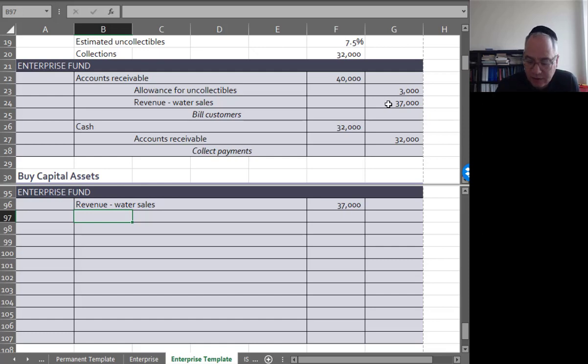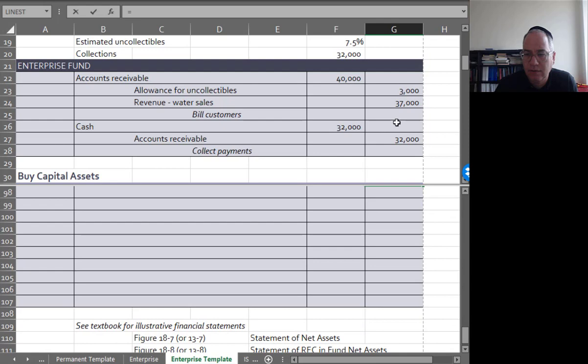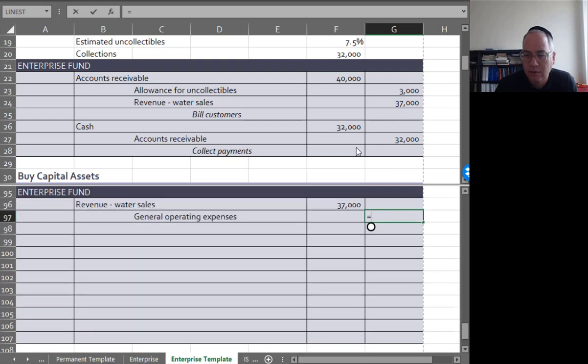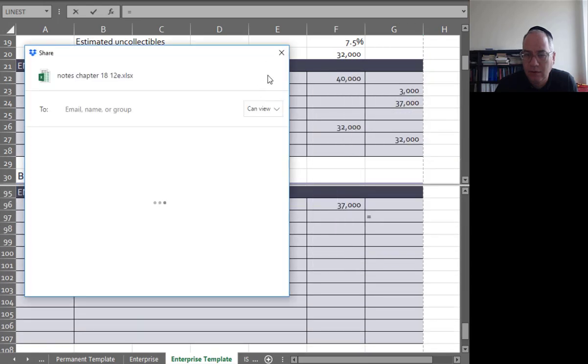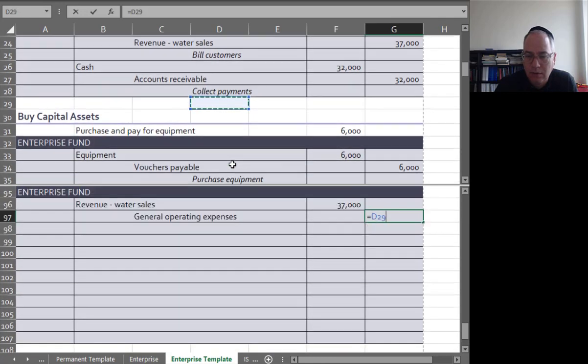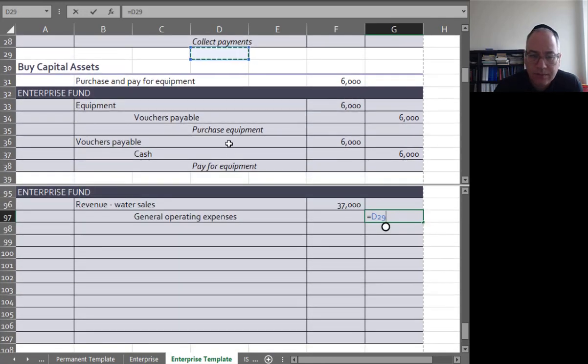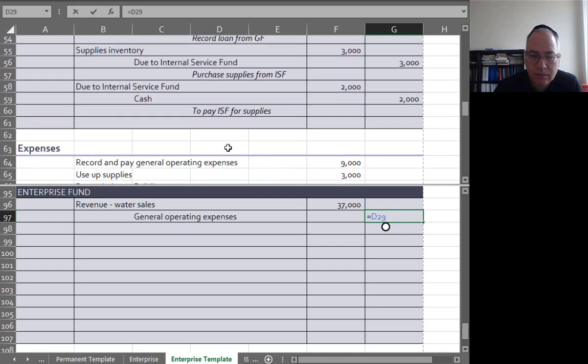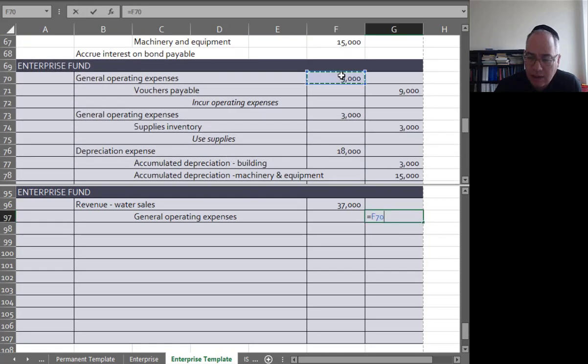And then the various expenses, one expense I had was general operating expenses. And if you remember, we had quite a few here. $9,000 plus $3,000.